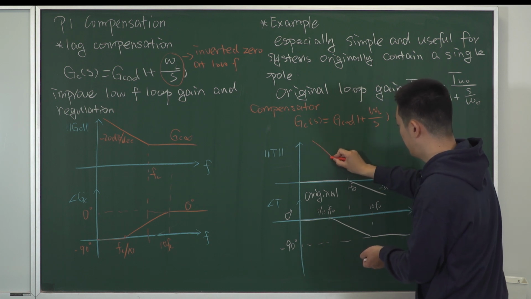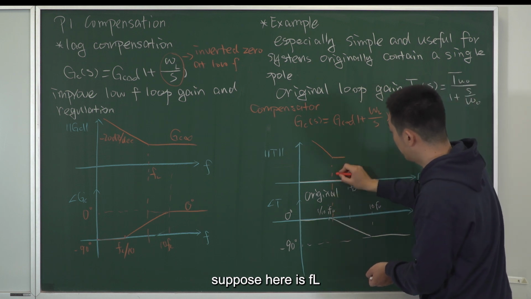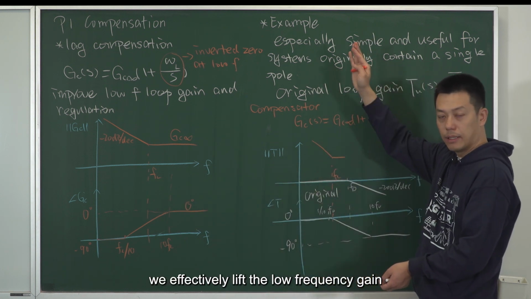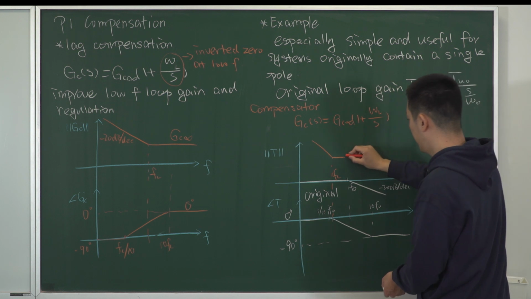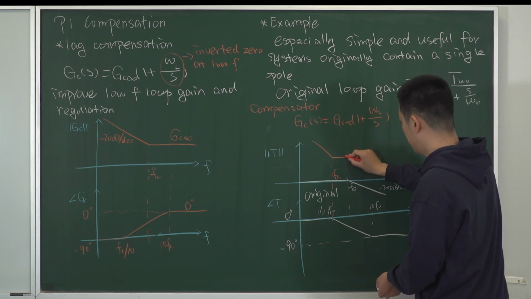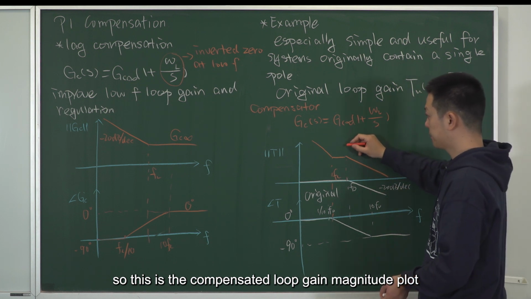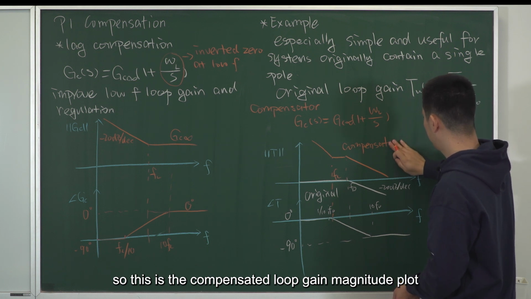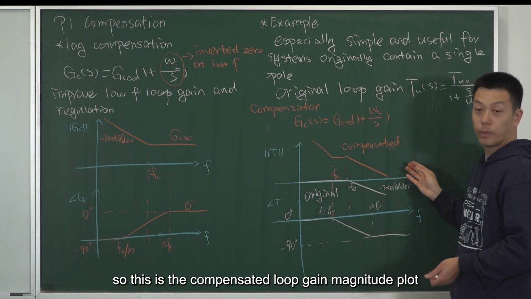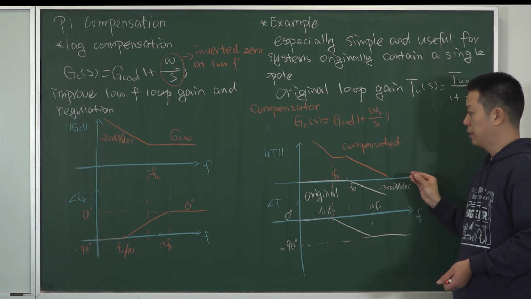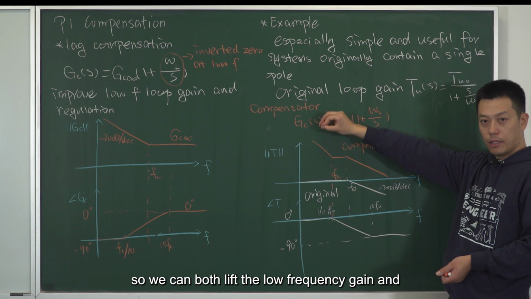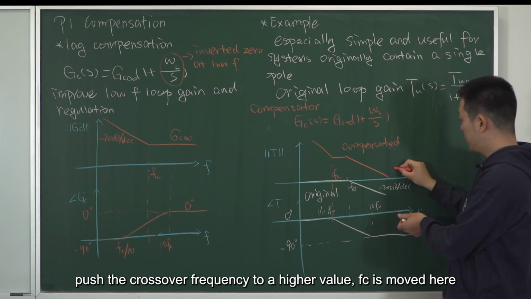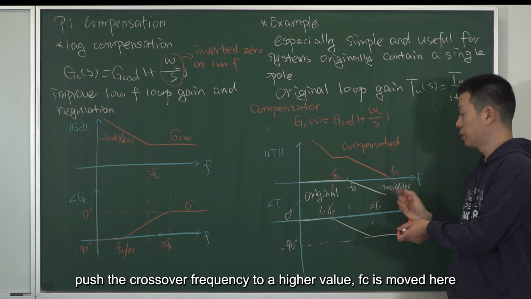Suppose here is FL, the low frequency. We effectively lift the low frequency gain. So this is the compensated loop gain magnitude plot. We can both lift the low frequency gain and push the crossover frequency to a higher value. Fc is moved to here.